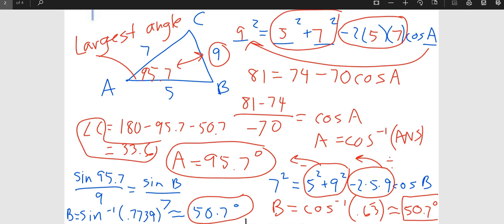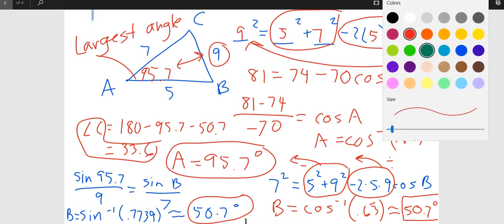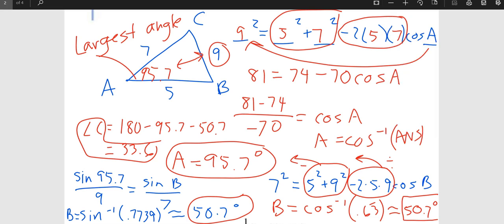So what I'm getting at is this. You are going to be safe if you find that next angle with the law of cosines. You have to be careful if you're switching to the law of sines.